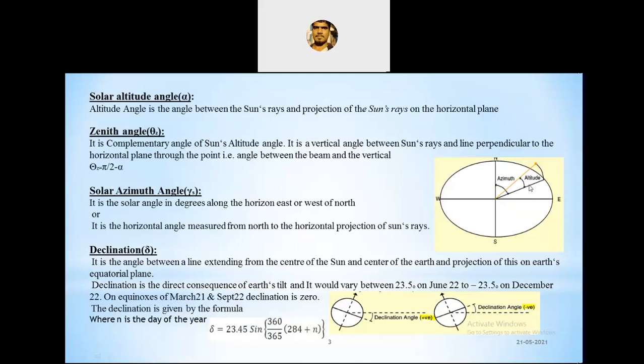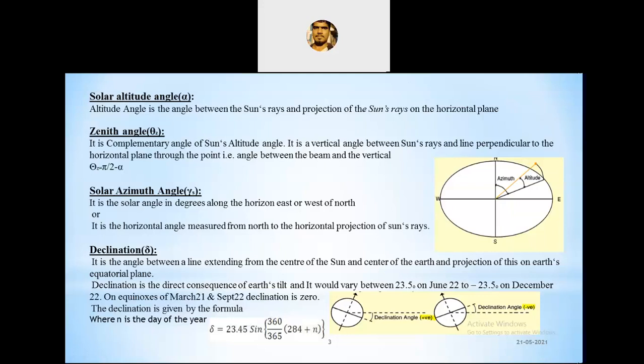The zenith angle is the complementary angle, obtained by subtracting the solar altitude angle from 90 degrees. Or you can define it as the complementary angle of the sun altitude angle, a vertical angle between the sun rays and the line perpendicular to the horizontal.